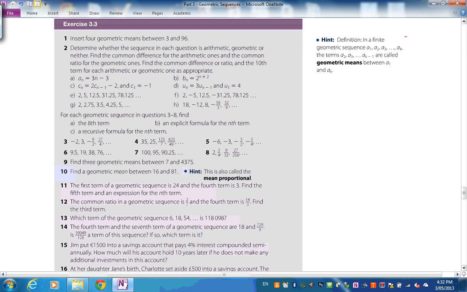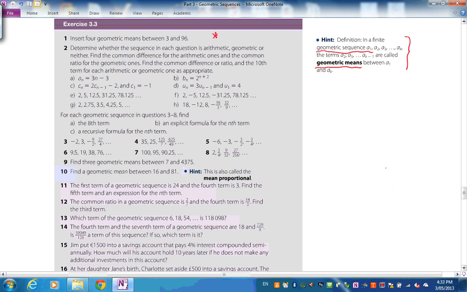Now just watch this note. As with the arithmetic means idea, if they say put in geometric means between two, then we're talking about a geometric sequence. The other way of simply saying it in this first question, insert 4 terms in the geometric sequence between 3 and 96.